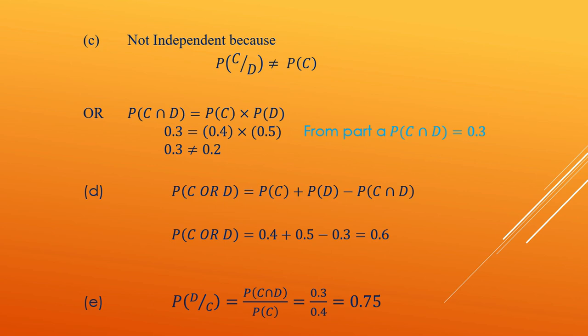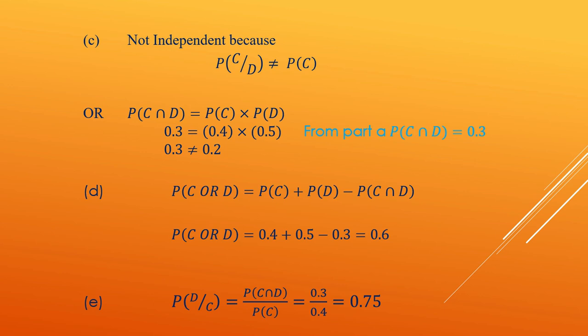In part C, the events are not independent. Probability of C given D is not equal to probability of C. Or we apply the independence rule here: probability of C intersection D equals probability of C times probability of D, if the events are independent.